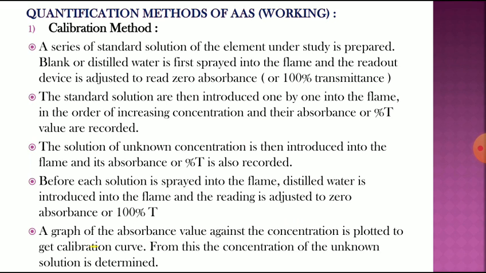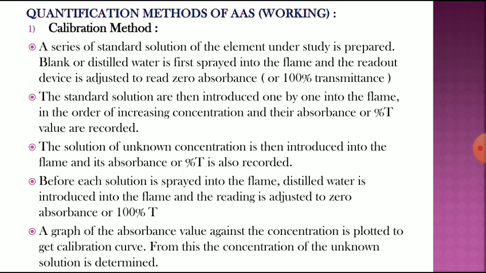A graph of absorbance value against concentration is plotted to get the calibration curve. From this, the concentration of the unknown solution is determined. That means we have prepared a series of standard solutions and recorded their absorbance or percent transmittance along with the unknown sample solution.